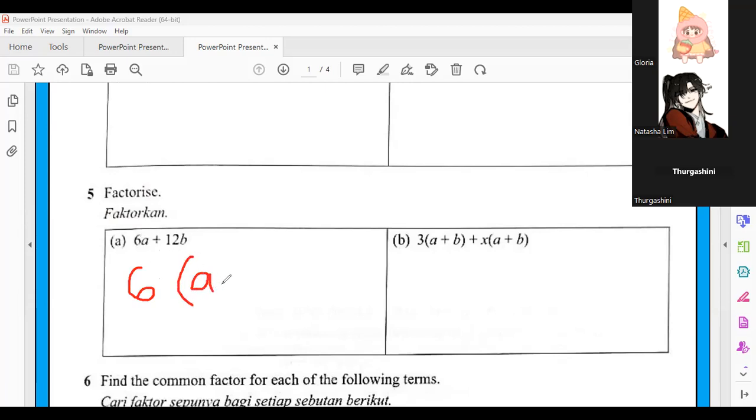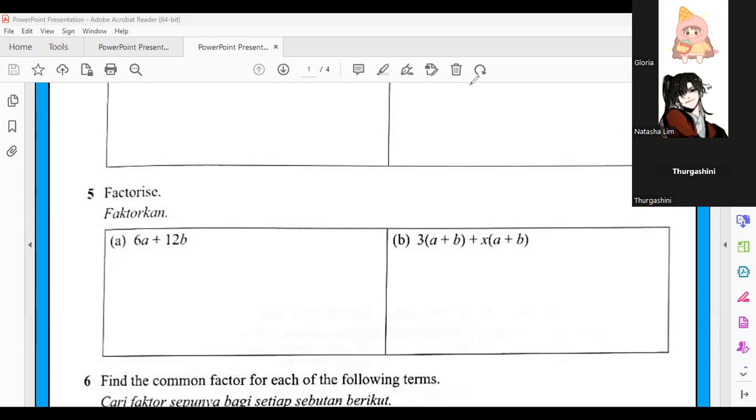I can put this a plus 2b. So when I put in the 6, this will become 6a plus 12b. Do you understand now? You just take out the 6 from it. And when you put back in, it becomes 6a plus 12b. Okay? Now, how are you going to factorize this?